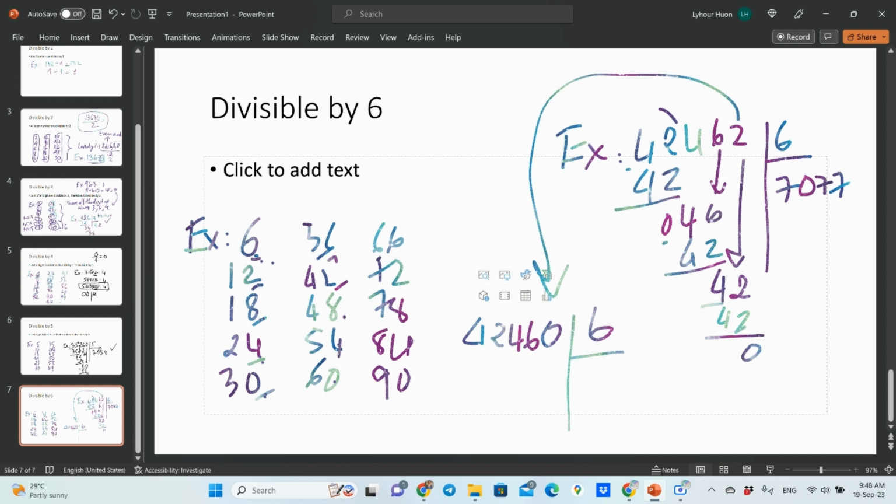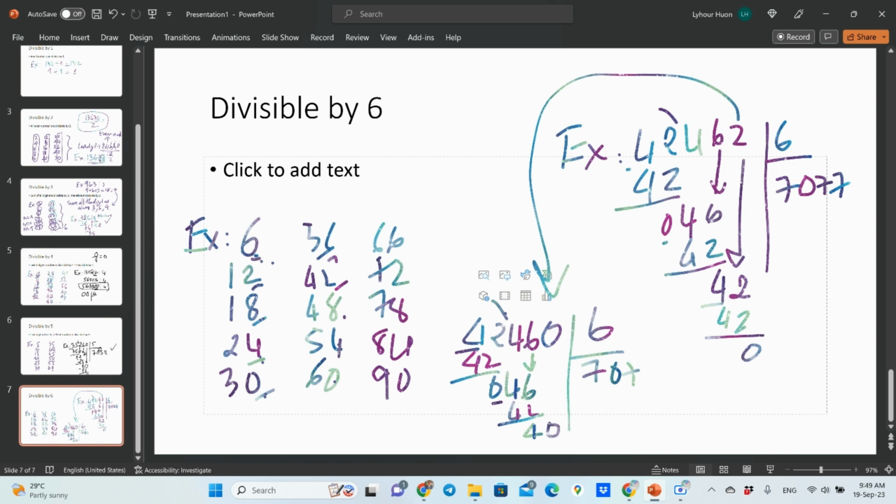Okay, so why don't we try one more time? 7 times 6 is 42, then this is 0, so we drop the 4, we get 0, we drop the 6, and we get 7, 7 times 6 is 42, and then we have 4 and 0.